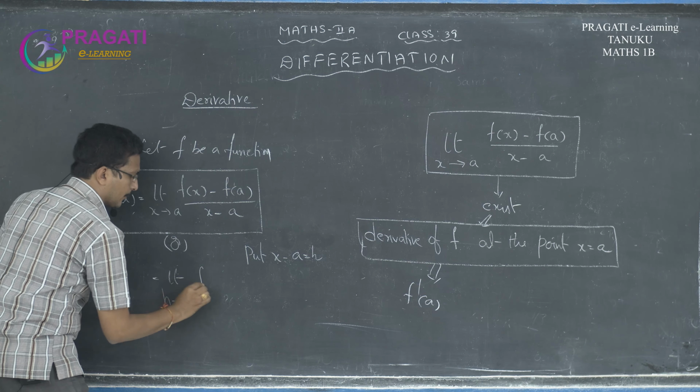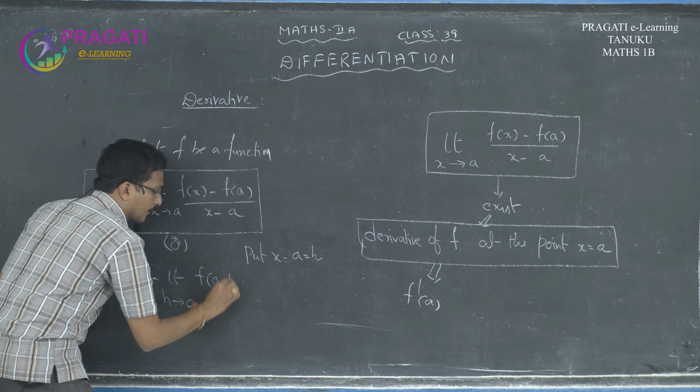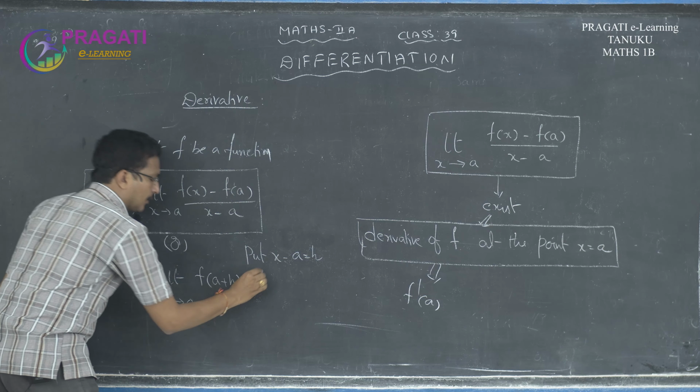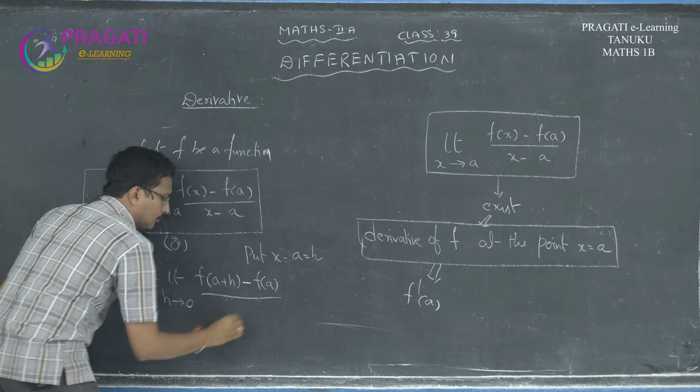Then f of x means a plus h, so f of a plus h minus f of a, by x minus a, which is equal to h.